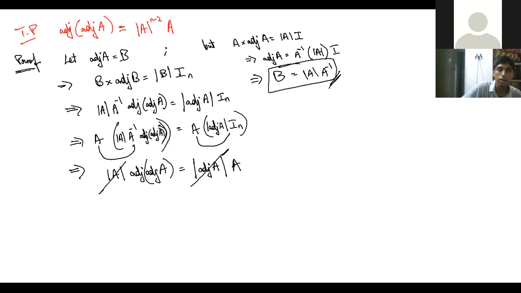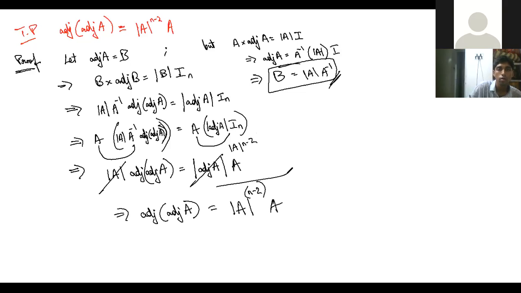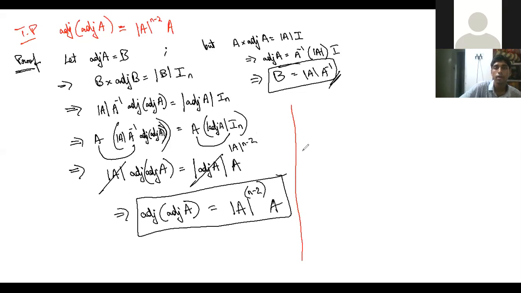So this is cancelled for n minus 2. Therefore adjoint of adjoint will be determinant of A whole to the power n minus 2 times A. Okay. So then my next question is, what is the determinant of adjoint of adjoint?